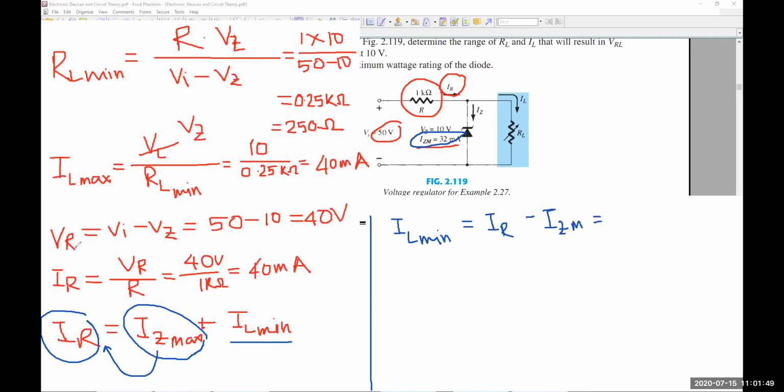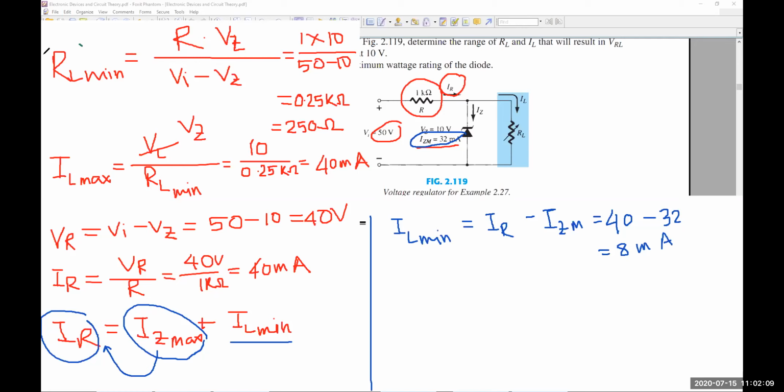IR is equal to 40 milliamp. My IZM is equal to 32 milliamp. So your value is equal to 8 milliamp, right?